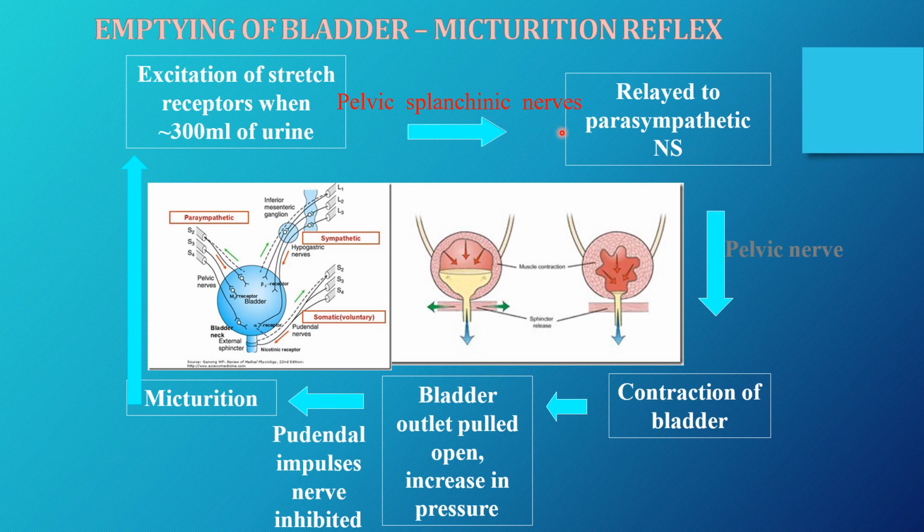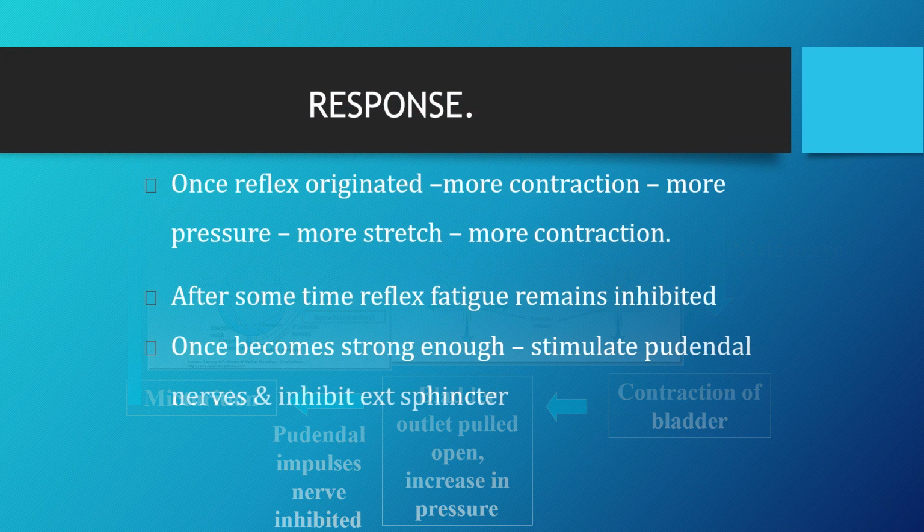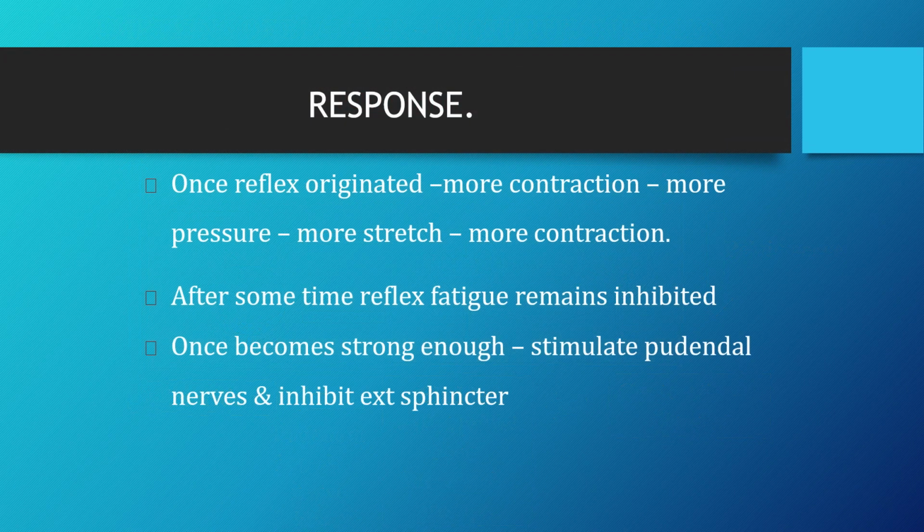So micturition is entirely parasympathetic. The pelvic sphincter nerves carry information to the parasympathetic nervous system, and through the pelvic nerve it causes contraction and the bladder outlet is opened, then the pudendal nerve is inhibited and micturition, the actual voiding of urine, takes place. So this is the micturition reflex. You can write it as a flow chart in a diagrammatic way, and you should represent the flow chart in the exam.